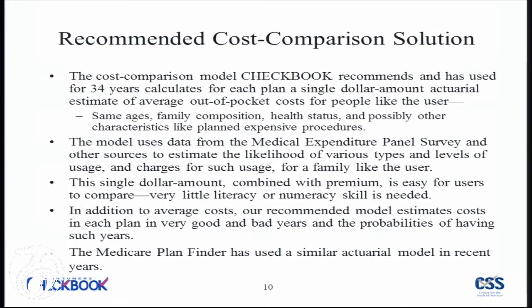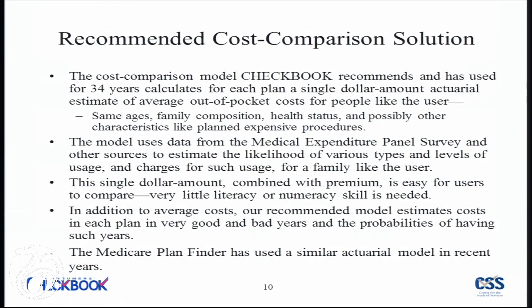Our model, and the model we would recommend, uses data from the Medical Expenditure Panel Survey and other sources to estimate the likelihood of various types and levels of usage, and charges for such usage, for a family like the user. This is a single dollar amount combined with premium. It's easy for the user to compare. It doesn't require much literacy or numeracy at all. It's just dollar amounts, not too hard.